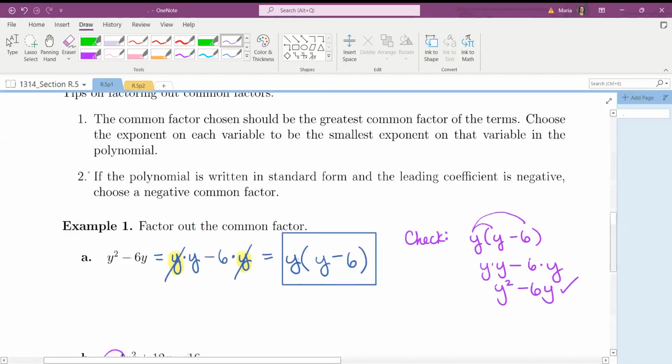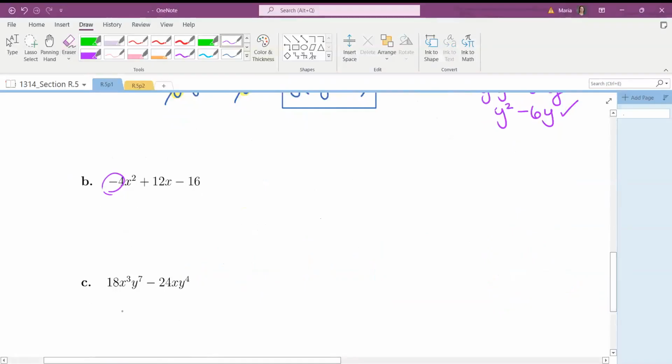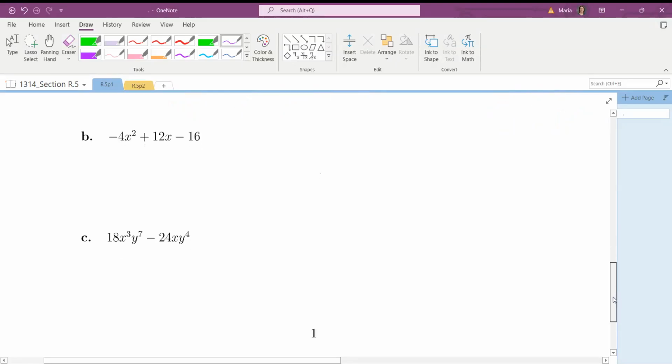If you scroll back up and look at tip number 2, it says that if the leading coefficient is negative, you need to choose a negative common factor. So since we're in standard form and this 4 is negative, we're going to take out a negative number. Watch how this works.